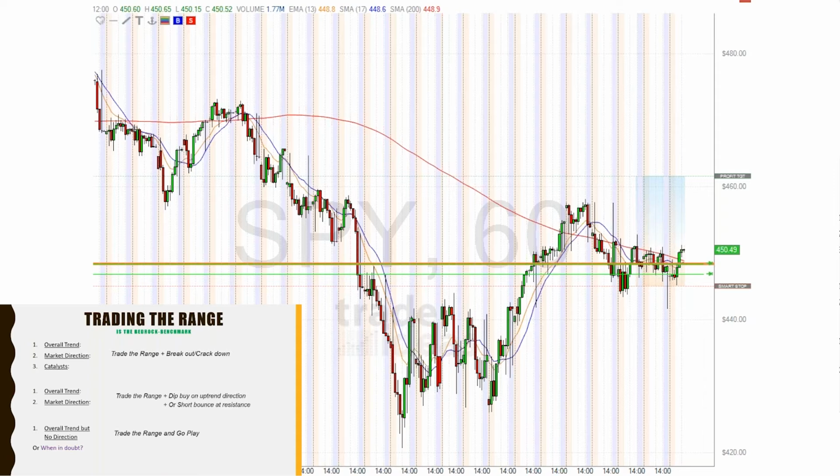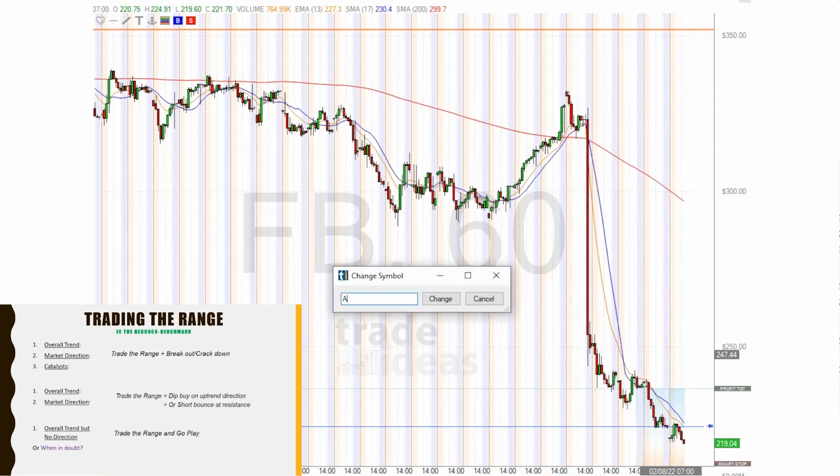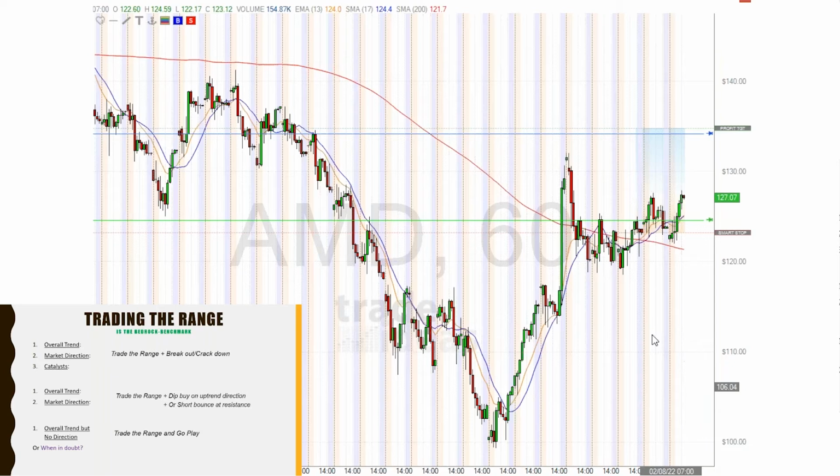So in the morning when we start the day, we want to look for 3 items on the list: the overall trend, to review and make sure what trend we are on; then the market direction, to see which direction the market, or that particular stock, is possibly going; and then if we pick out a stock, for example AMD or Facebook, does it have any catalyst, any news that can affect the move on that particular stock?